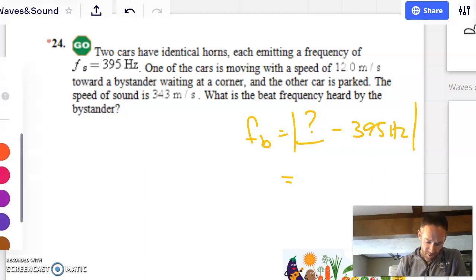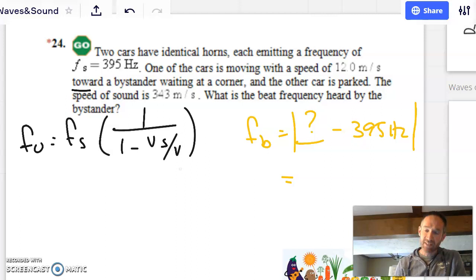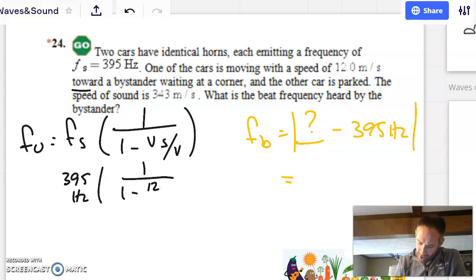Okay, so I hope while the video was paused, you said that the observed frequency is the source frequency times the fraction that tells you what percentage. And when you have a moving source moving toward an observer, it's 1 minus velocity of source over velocity of sound, like this. If you go ahead and put in the 395 hertz here, and you put in 1 minus 1 over the 12 for the velocity of the source, divided by the 343 for the velocity of the sound.